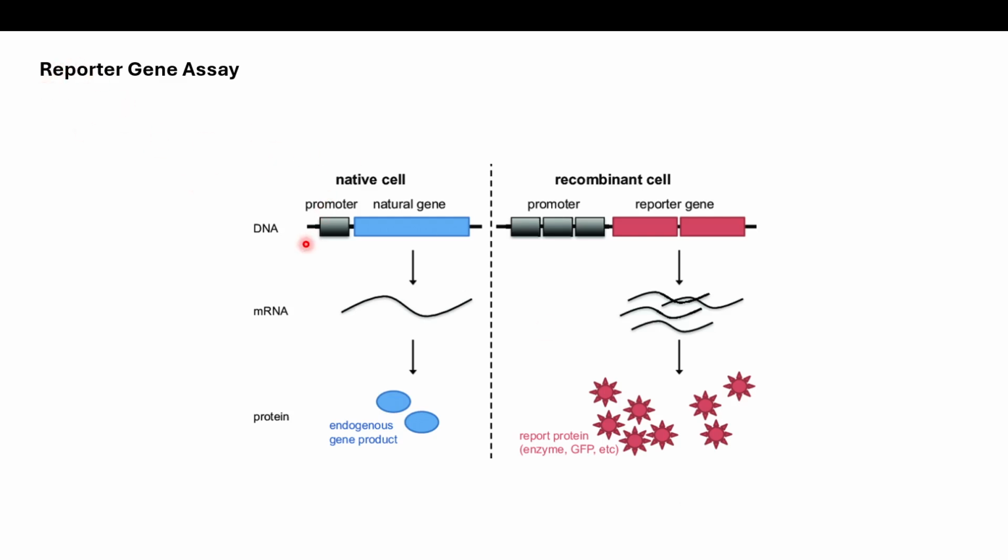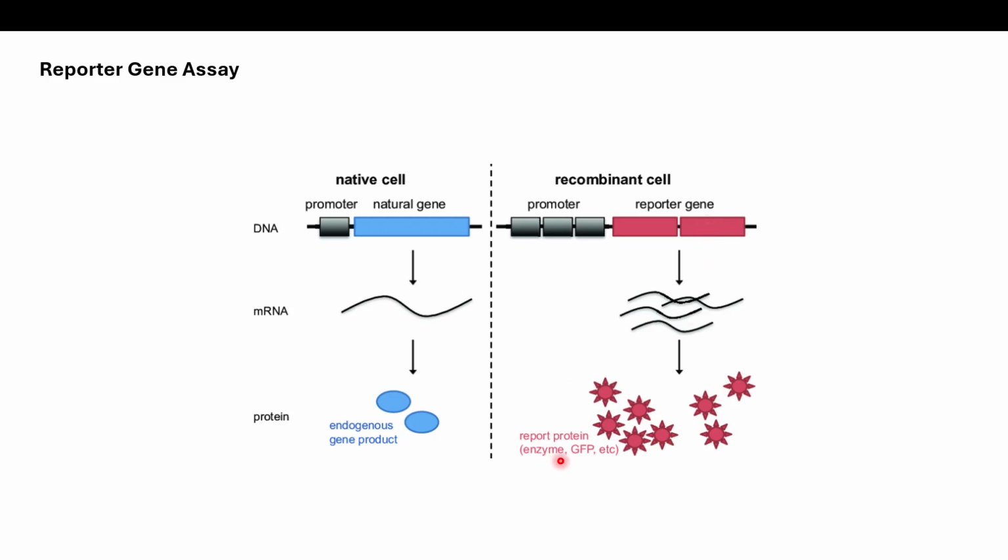Now there's reporter gene assay as well. This is the native, natural scenario where there's a promoter, there's the natural gene, mRNA is transcribed, which further encodes for the protein. This is the endogenous gene product. In a recombinant cell, you have a promoter region and then a reporter gene, which encodes for a chromogenic or fluorogenic product.